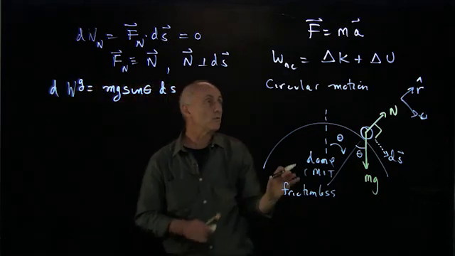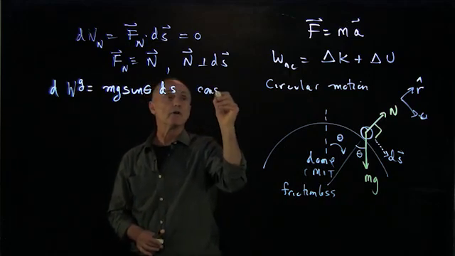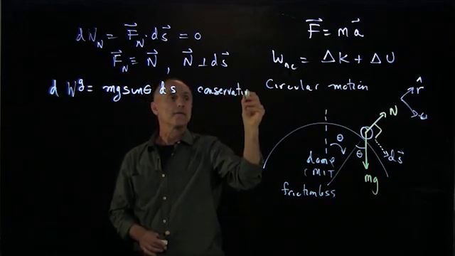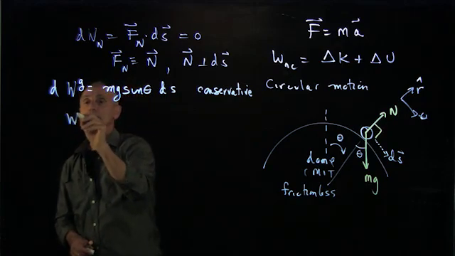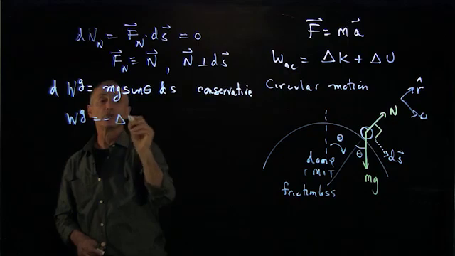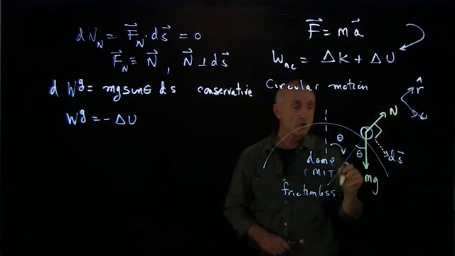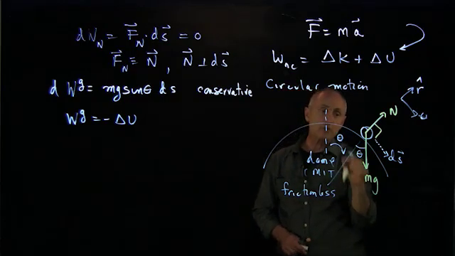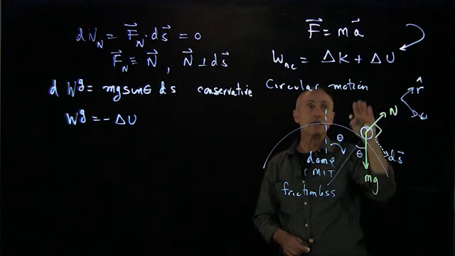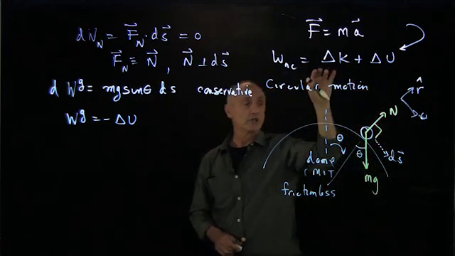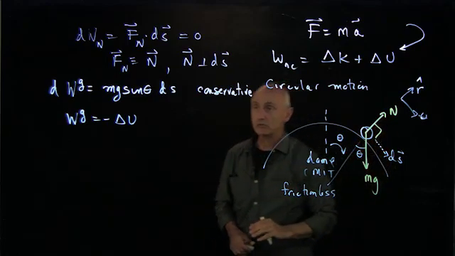So the only work that's appearing here is conservative, and when we integrated this work, we got that the work done by the gravitational force is minus the change in potential energy, and that's showing up here. So the part of the force that's in the direction of the motion is giving us the energy condition, but we're losing all information about the forces in the radial direction.